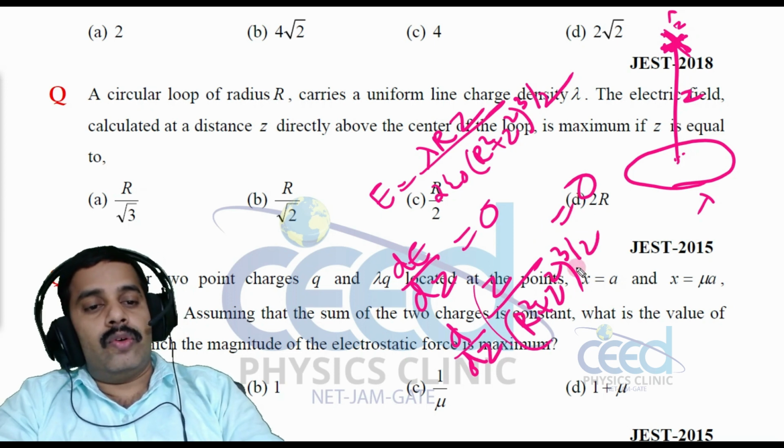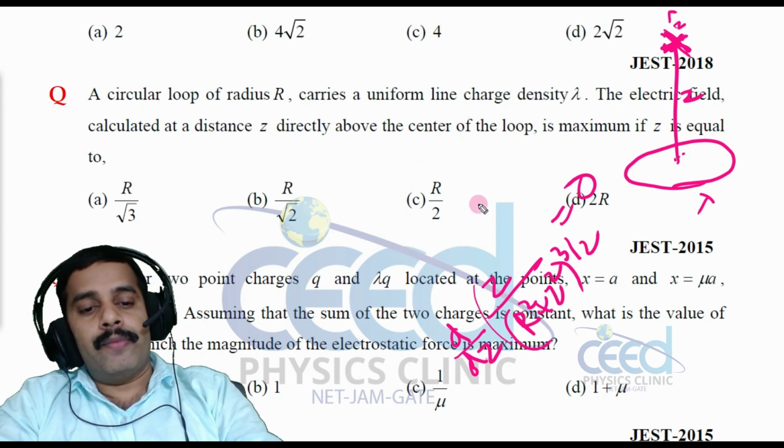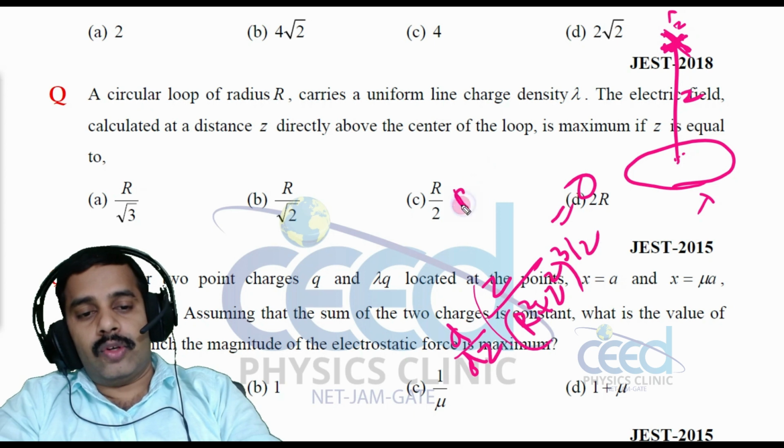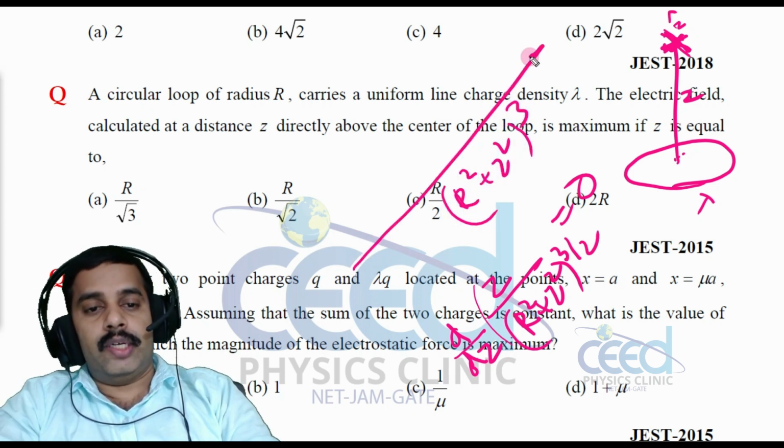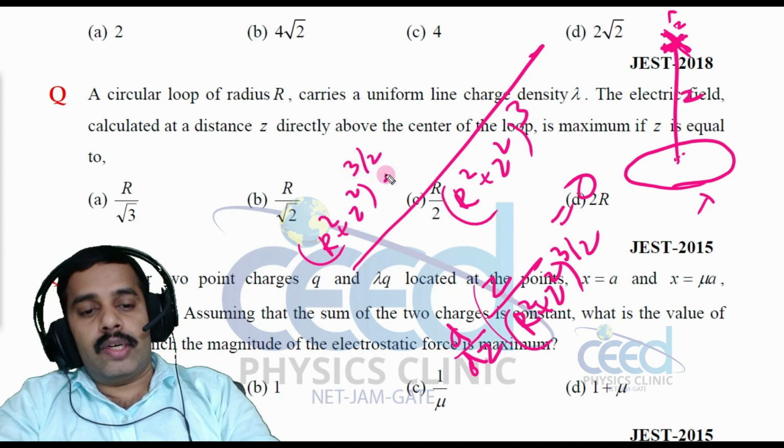So let me differentiate this with respect to z. That is, denominator square, which is r square plus z square whole cube, and denominator into r square plus z square whole raised to 3 by 2 into derivative of the denominator.